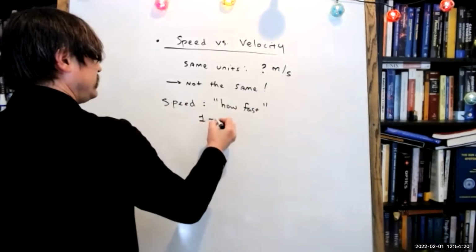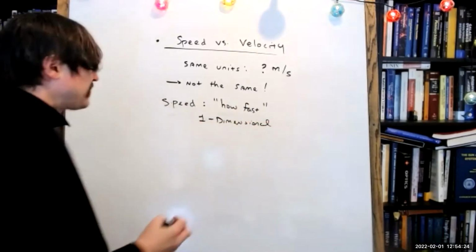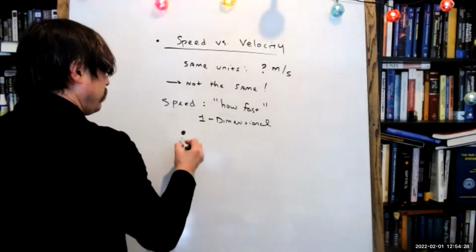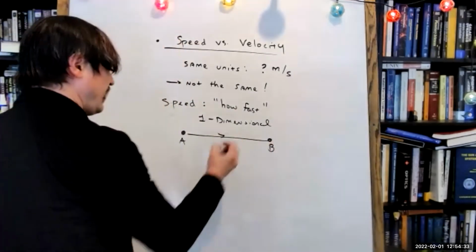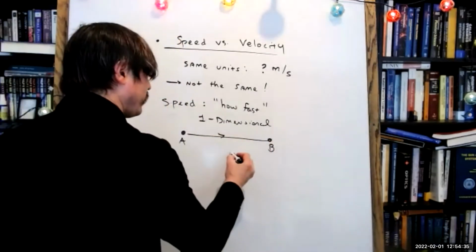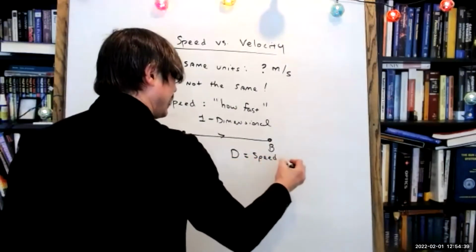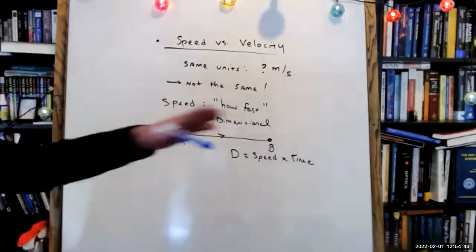So it is one-dimensional. And sometimes that's a good enough description of affairs, right? You're going from point A to point B in a straight line. And probably the equation distance equals rate times time should really be labeled distance equals speed times time.